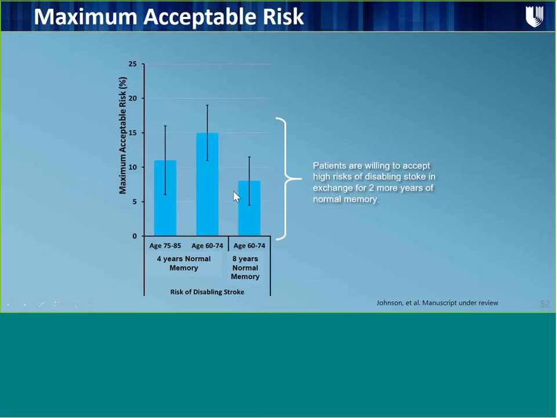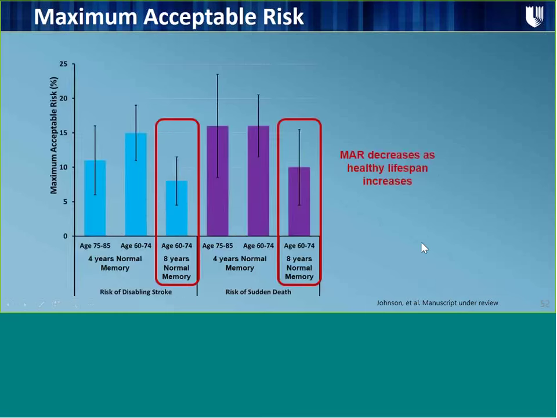We get no significant differences here. But we do get some differences. MAR decreases as the healthy lifespan increases. So when we offer 8 years of normal memory to the younger group, for both disabling stroke and sudden death, MAR decreases as the healthy lifespan increases.